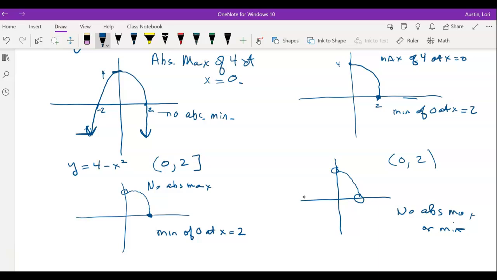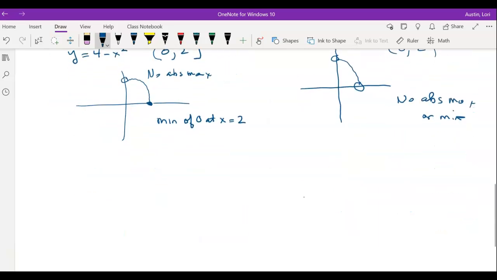Another thing. Let's talk about continuity for a minute. Does continuity matter?